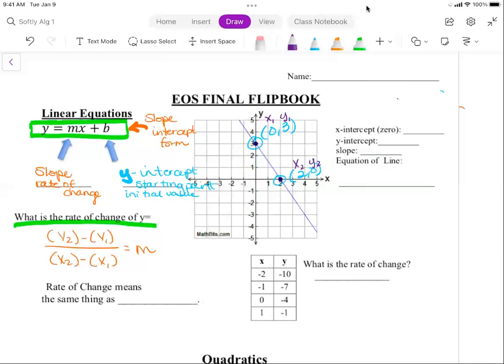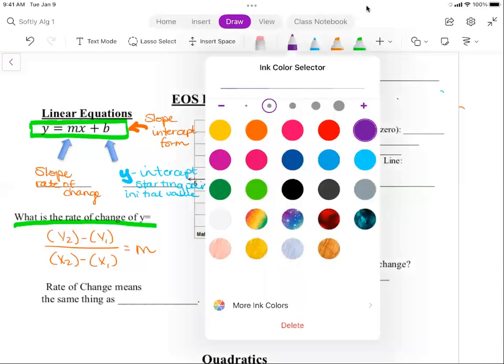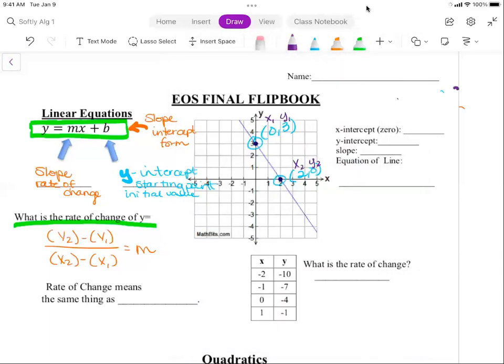So I can go in and plug in these numbers in my formula and get an answer. My y2 is 0, my y1 is 3, my x2 is 2, my x1 is 0. All I have to do is put this into my calculator, and we're going to be using alpha y equals, because I want to be using a fraction.